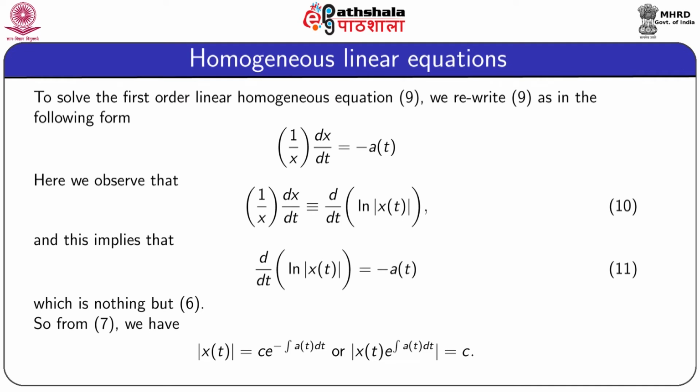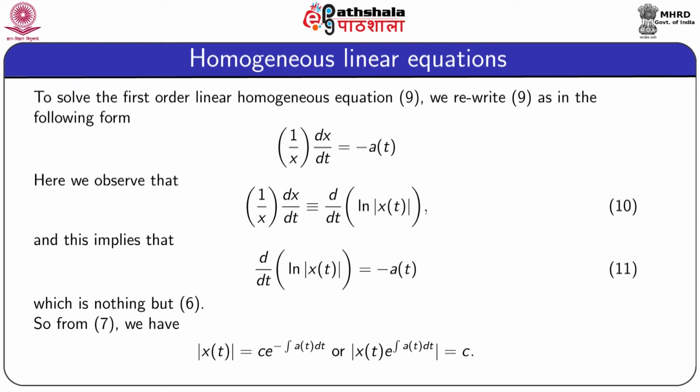To solve the first order linear homogeneous equation given by 9, we rewrite it in the form (1/x) dx/dt equal to minus a(t), and we observe that (1/x) dx/dt is equivalent to d/dt of ln x(t), where ln means log to the base e.